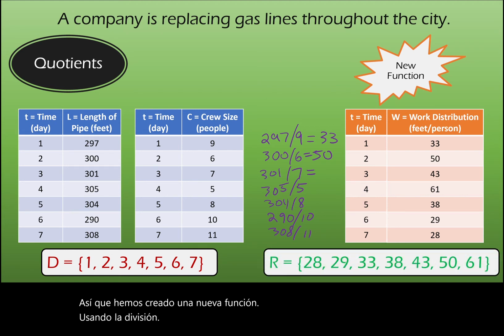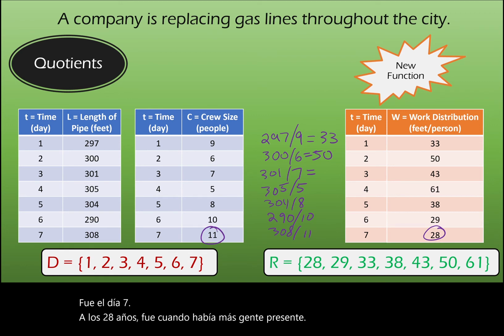Taking our output values and putting those in order is going to give us the range. We can see the least amount of feet per person was on day 7 at 28. That's when there were the most people present.